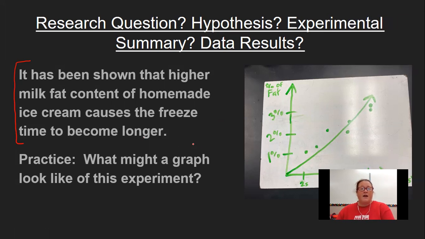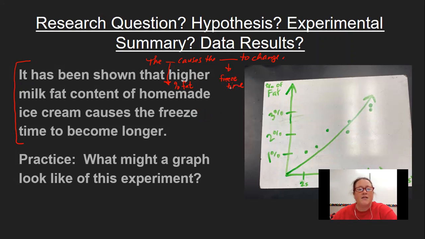So let's figure out how this was done. So the blank causes the blank to change. So it's been shown that higher milk fat content of homemade ice cream causes the freeze time to change. So this is the percent fat, and it causes the freeze time to change.